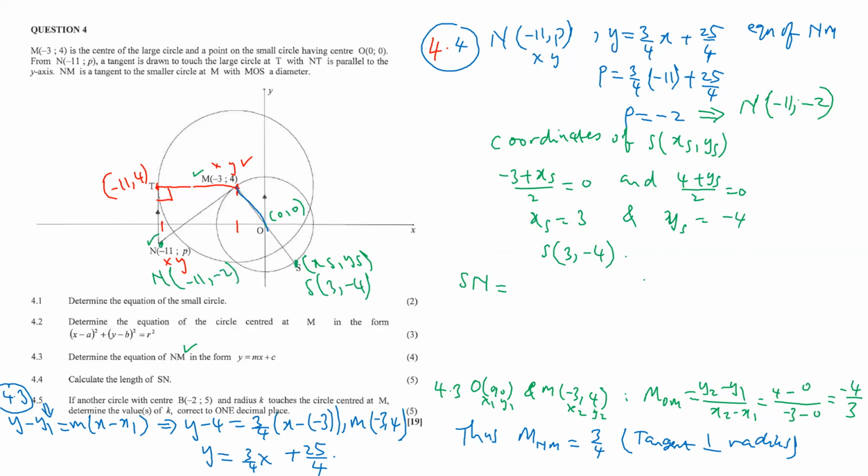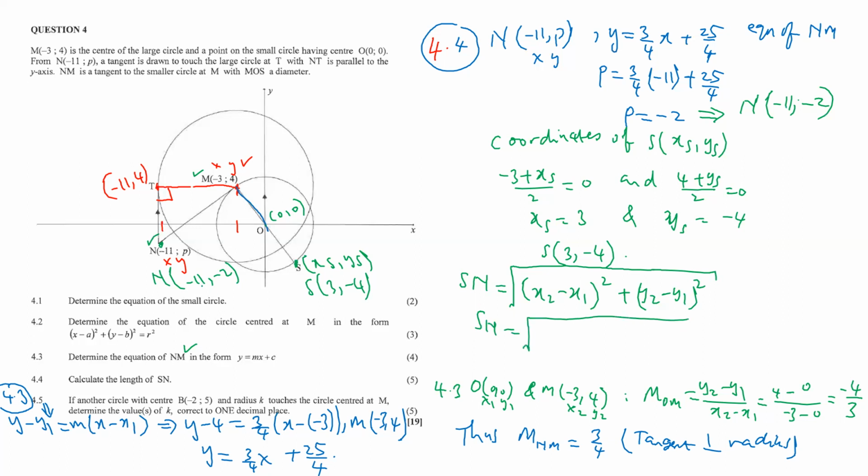So we have SN. The distance here would therefore be given by the formula x2 minus x1, you square this one, plus y2 minus y1, you square this, and the square root is there, and which means you have this.